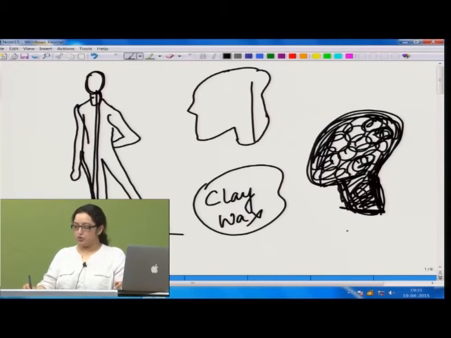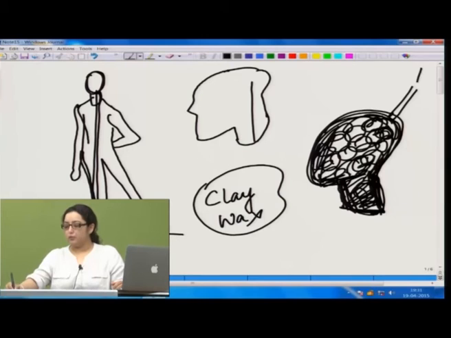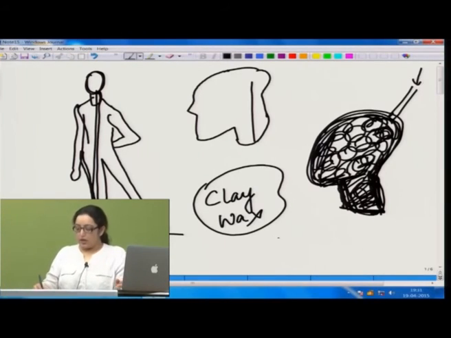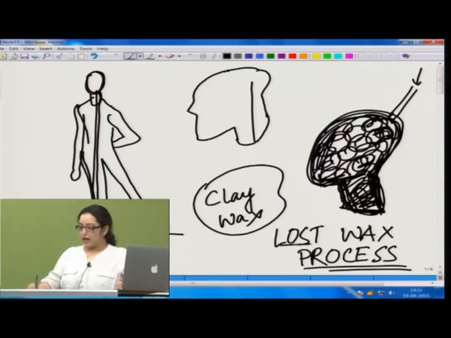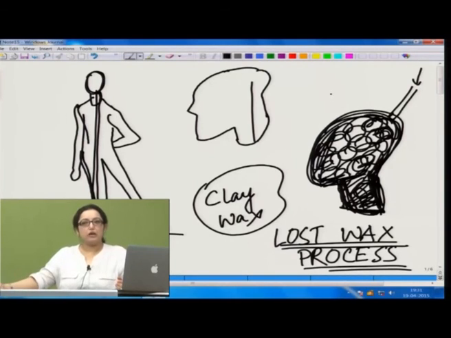So, we convert it into plaster, and from plaster we move to metal casting. We can straight away make it with wax, put in a channel, pour melted metal, and the wax gets lost and the metal takes its place. So, we call it the lost wax process. So, it is either by adding or deducting that we get the three dimensional bodies.